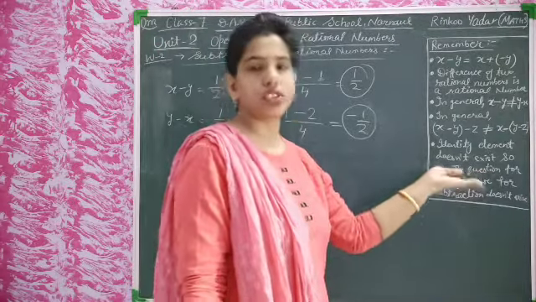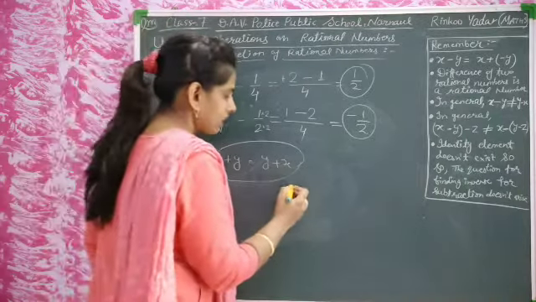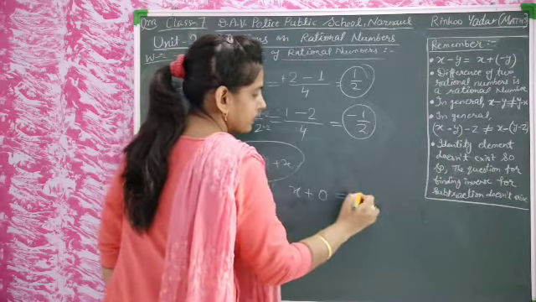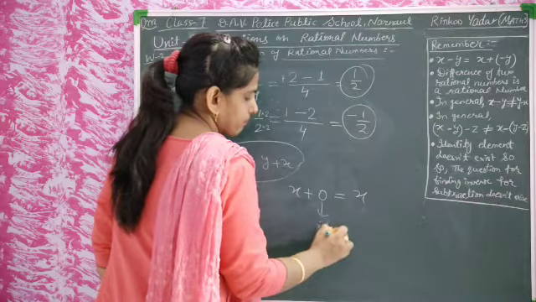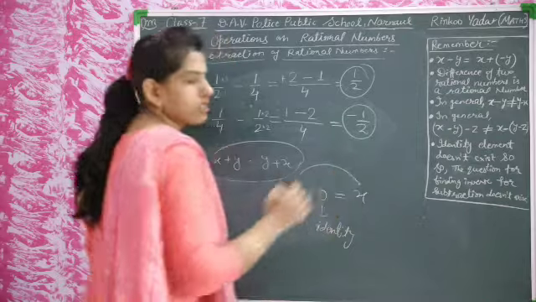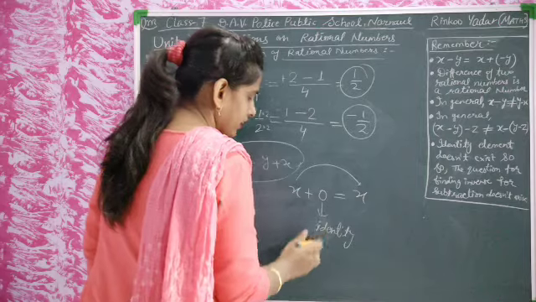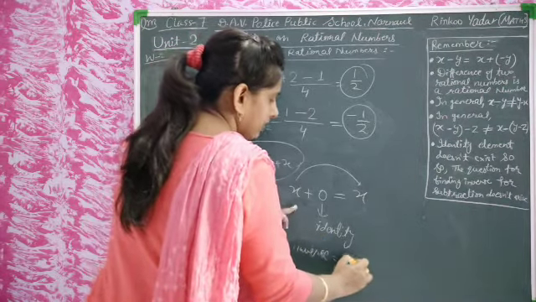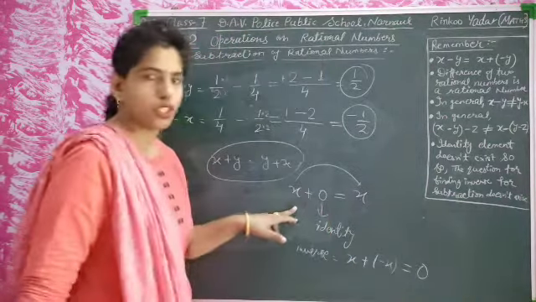We have no question about it, because if we look at addition, the identity element is x plus 0 equals x. Identity means it becomes the same number as it is. And the inverse means x plus minus x becomes equal to 0.